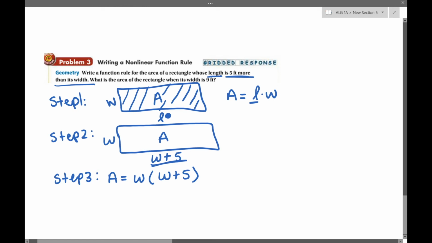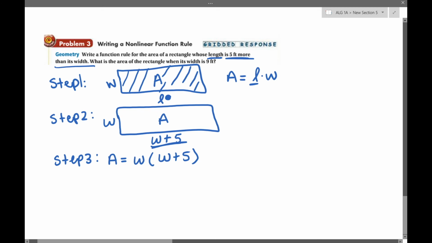Now, what is the area of the rectangle when its width is 9 feet? So my width equals 9. So let's rewrite this. A equals, what's my new W? So right here, my new W is 9. So it's 9, in parentheses, 9 plus 5.